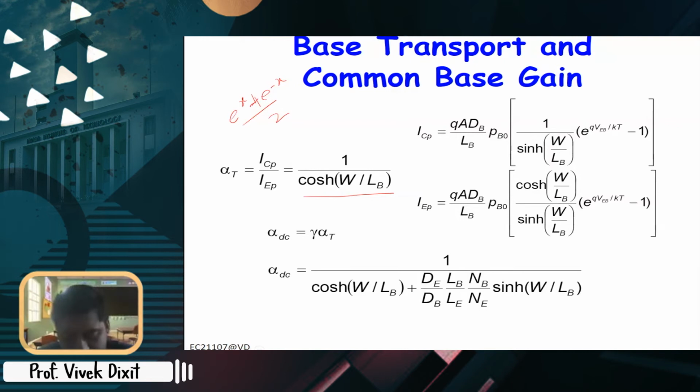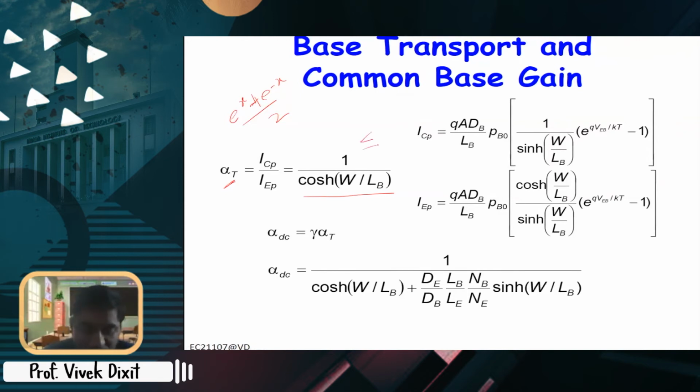It's a symmetric function. And at x equal to 0, this is 1, right? So the minimum value is 1. So see, if you recall that cosh, the minimum value is 1, right? So the maximum value of alpha T is 1. So alpha T cannot be more than 1, right?